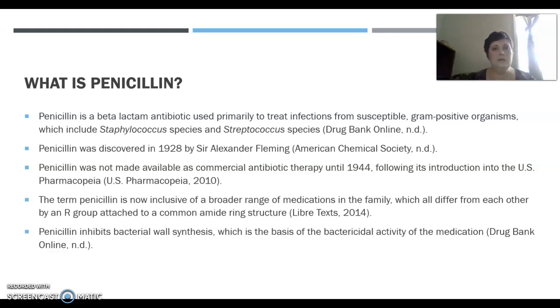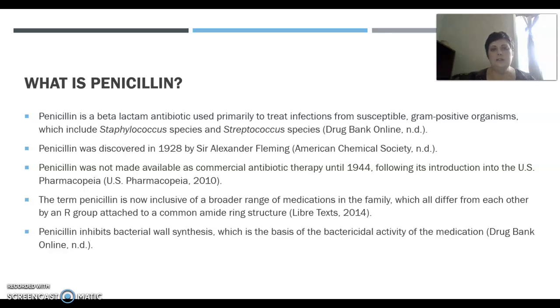Penicillin was not made commercially available as an antibiotic until 1944, after its approval by the Food and Drug Administration and its adoption into the U.S. pharmacopoeia. The term penicillin now is inclusive of multiple members of this same beta-lactam family, all which differ from each other by an R group attached to a common amide structure.